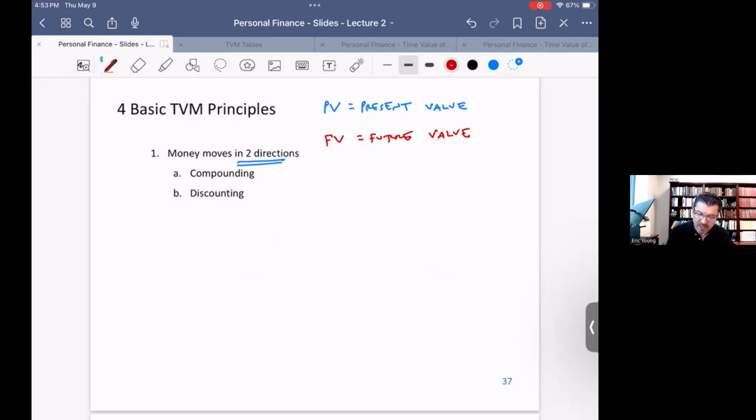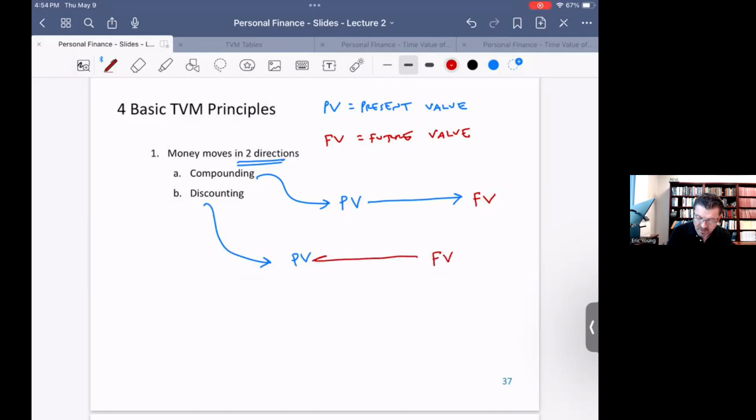With that understanding in mind, here's how we think about this. Compounding is the process of moving from today to the future. Compounding, hence the term compound interest, refers to the movement of money from the present to the future. On the other hand, discounting is coming the other way.